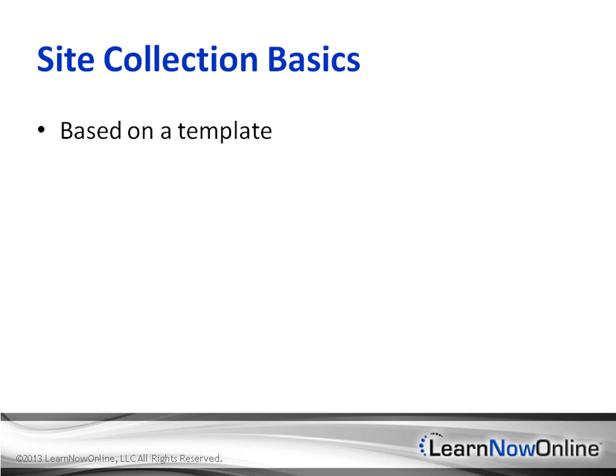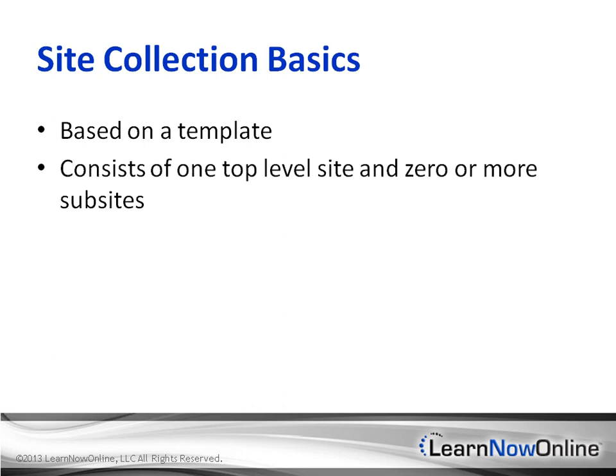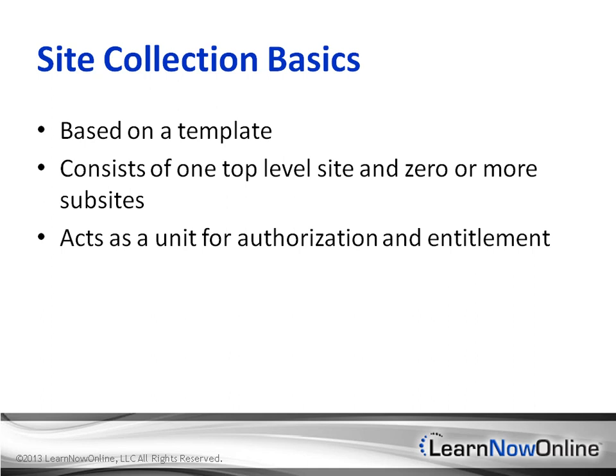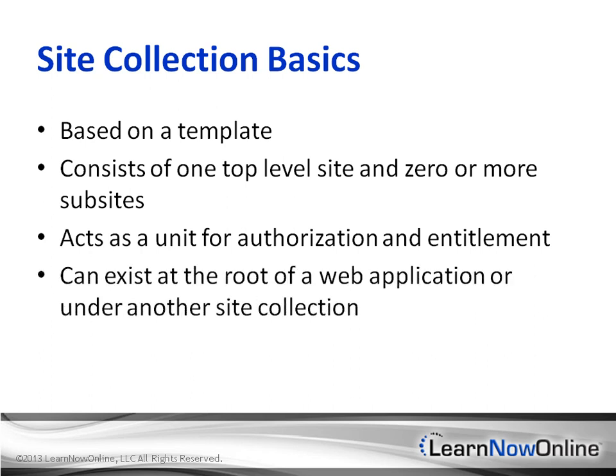The site collection is the root unit of authorization for all the webs that it contains, and it's going to live underneath a web application. So think of it as a security boundary for all the data inside that site collection. It has its own set of groups, and its data is only within that site collection.